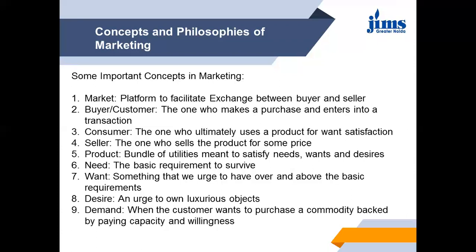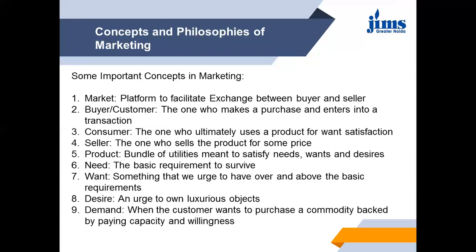The next in this list is seller. It's a party or a group of people or an individual who sells the product in exchange of some price. So he's the one who's responsible for making goods and services available for the buyers and consumers in the market. They are also known by names such as dealers, shopkeepers, manufacturers or producers.